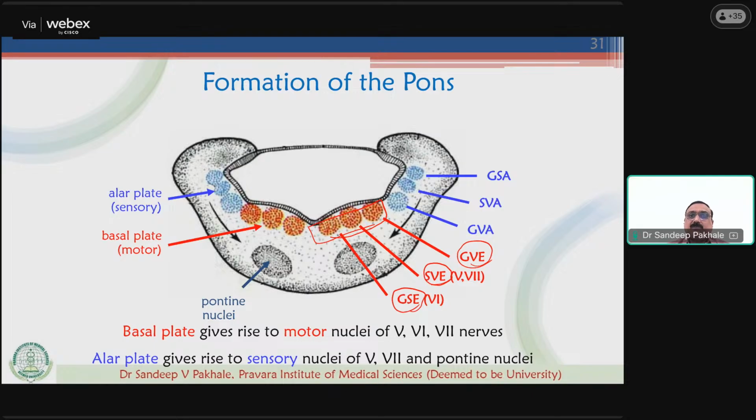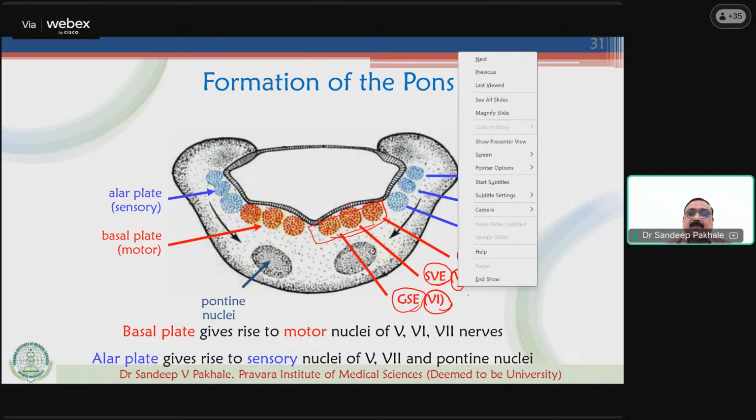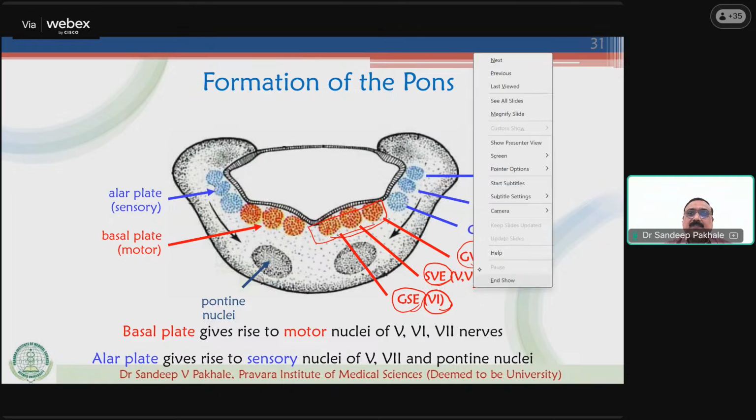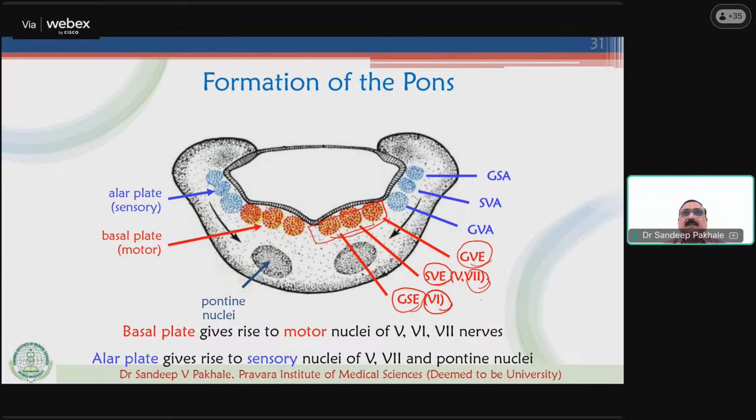And these include the abducens nerve nuclei, trigeminal nerve nuclei, and facial nerve nuclei, along with secretomotor components. The alar plate forms sensory nuclei, again arranged in a lateral to medial pattern: general somatic afferent, special visceral afferent, and general visceral afferent.